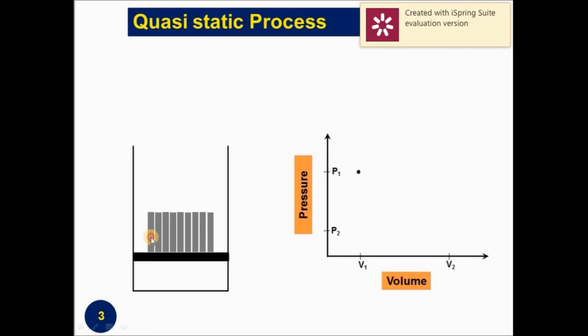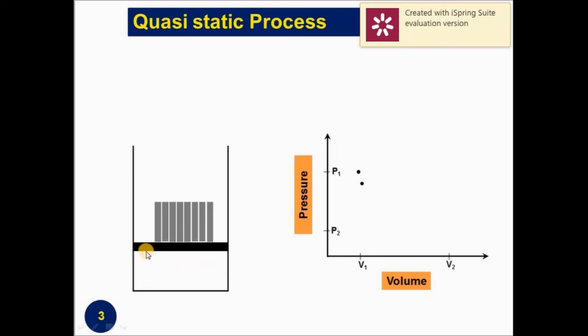So when we remove a single weight, the gas will expand and its volume increases, and due to expansion, pressure will decrease. However, the changes in volume and pressure are so small that they tend to 0, so that the system reaches equilibrium quickly.